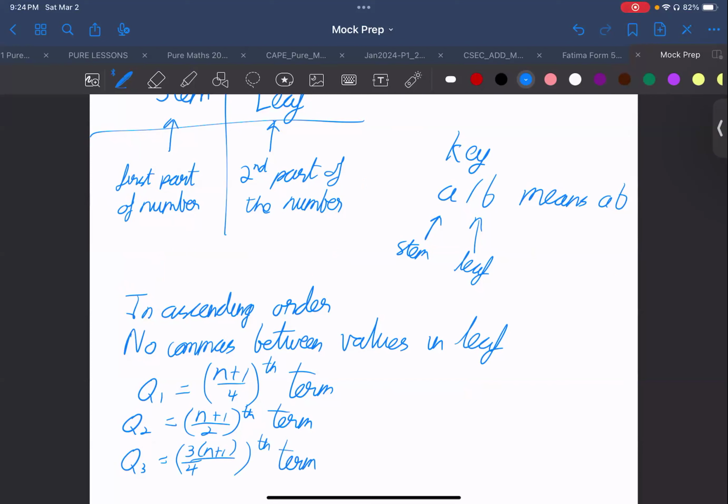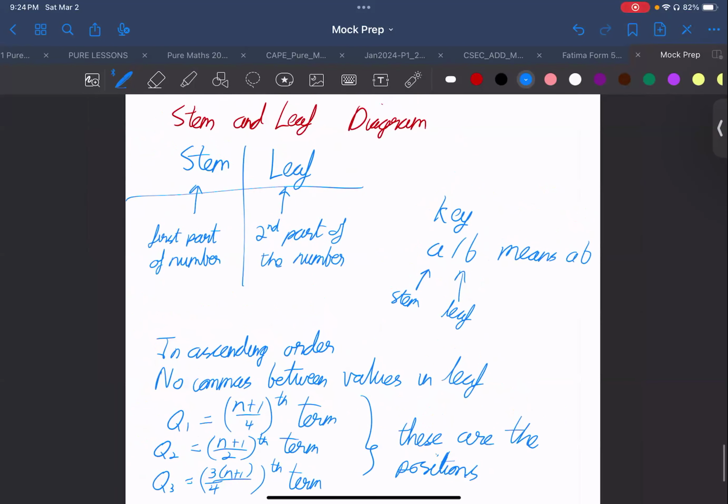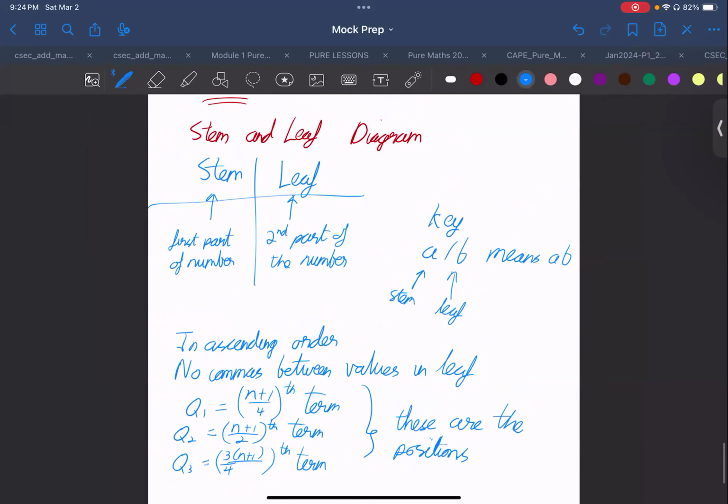And note here, these are the positions. Now there's another way you could do it, where you're canceling out, but now is not the time to do that. Now is just the time to show you what it looks like. So let me actually show you all what one would look like.